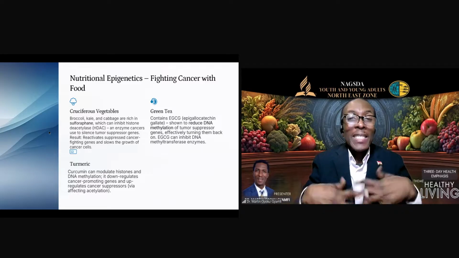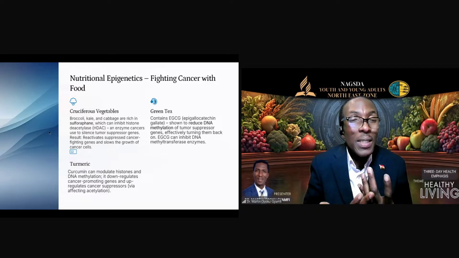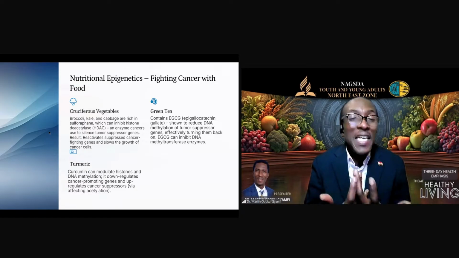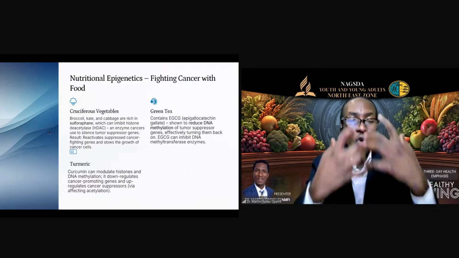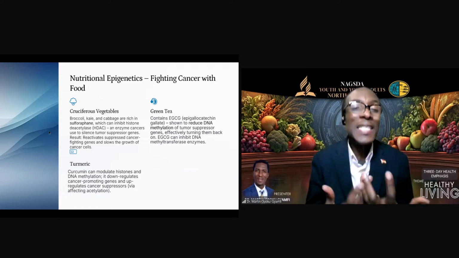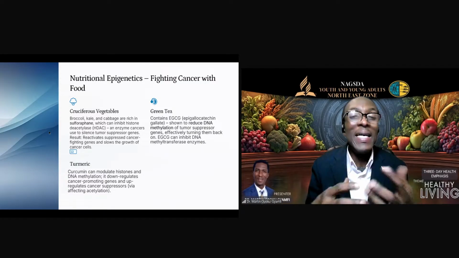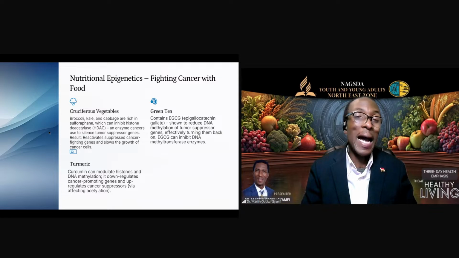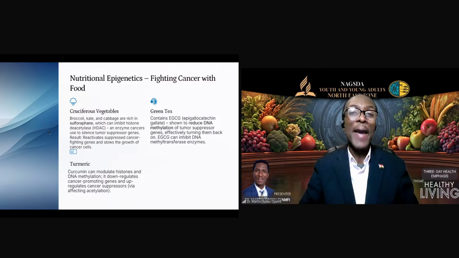And when you reactivate your tumor suppressor gene, guess what? You reactivate also the genes that help cancer cells to commit suicide, and the DNA repair genes are activated. So cruciferous vegetables are the champions of epigenetics.